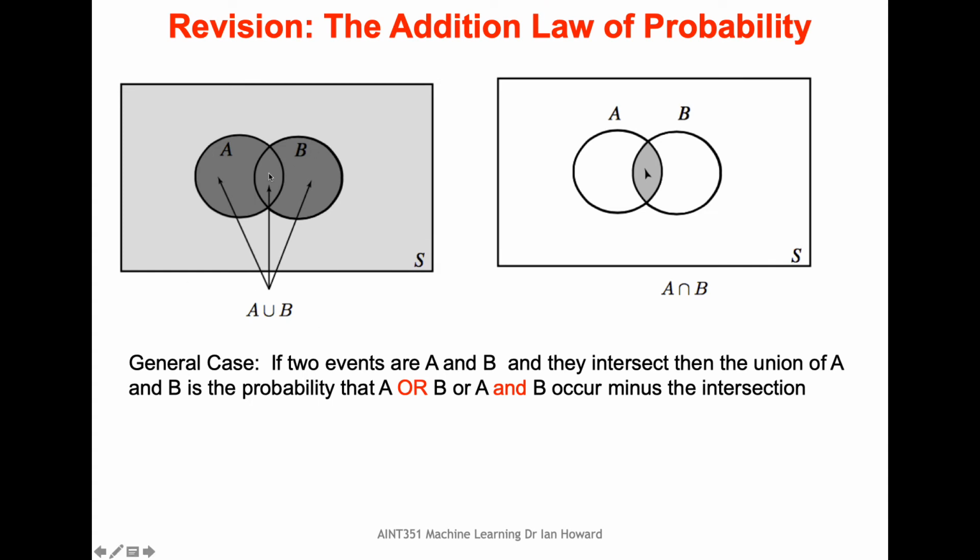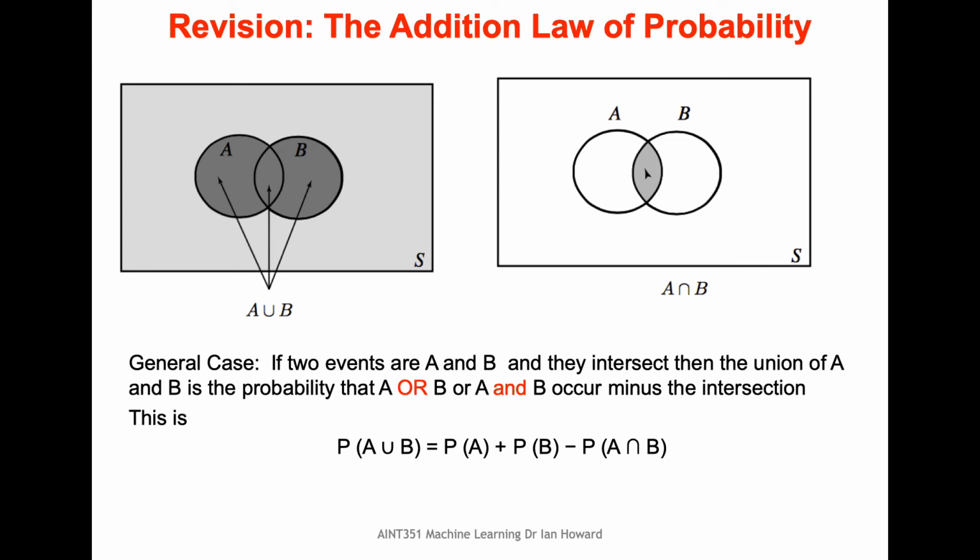But now we've got an intersection, so we can't just say it's the area of A plus the area of B, because the intersection appears twice in that calculation. So we have to account for the fact that if we look at the area of A and the area of B, then we've got twice this intersection coming in, so we have to take it off in order to do the calculation.